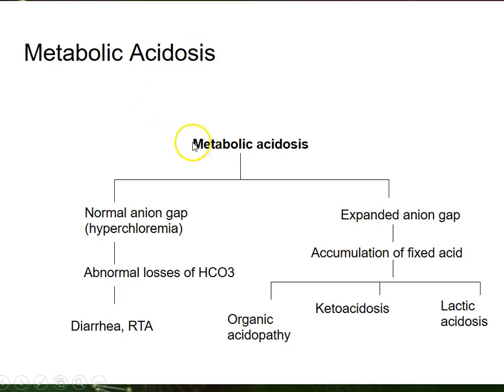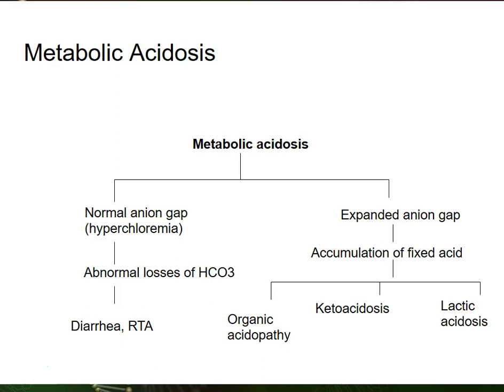So here we have another diagram, metabolic acidosis. When we have a normal anion gap, this usually results from abnormal losses of bicarb, such as diarrhea or something called renal tubular acidosis, RTA. When the anion gap is expanded, this is an indication of accumulation of a fixed acid.